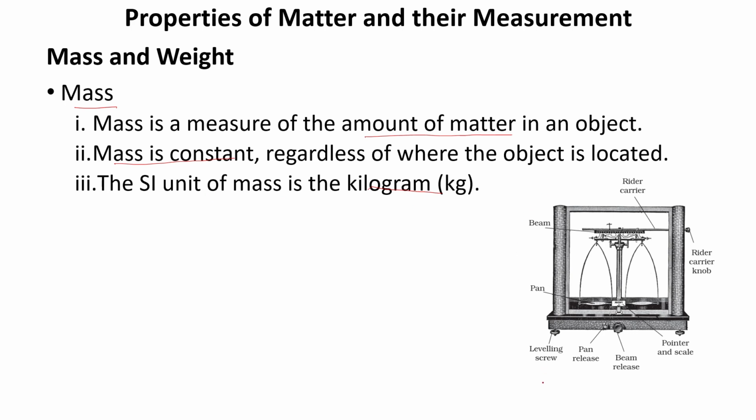Now I have put up a picture here of an analytical balance. It is used to measure the mass of something very small, like a chemical or something used in laboratories. So this is used in laboratories for accurate measurement. Otherwise the measurement which we do is not accurate, and it may also alter the composition.